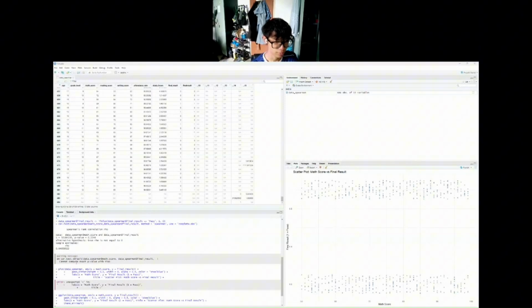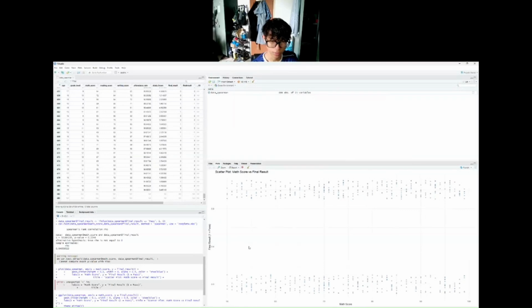Then we can plot the scatter graph, and as you can see, the scatter plot of math score and final result has no correlation because it's binary.